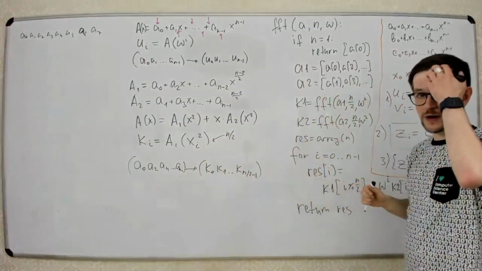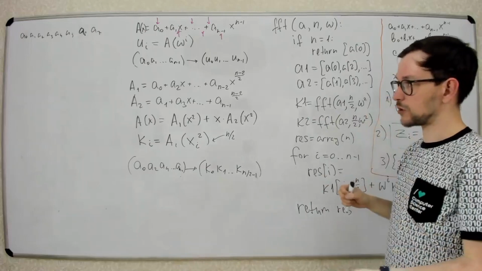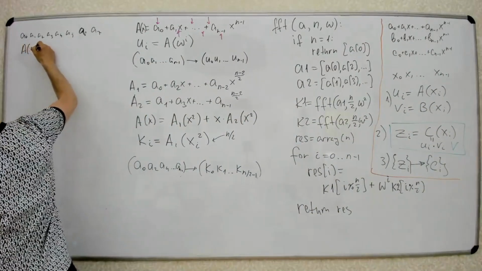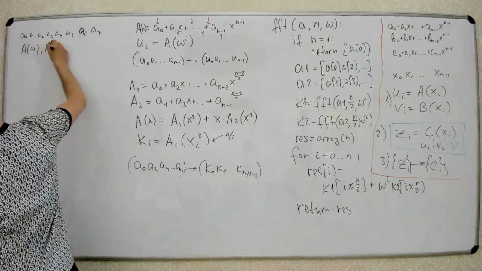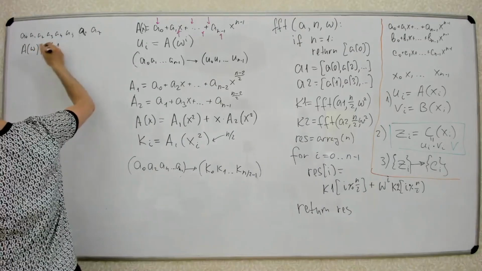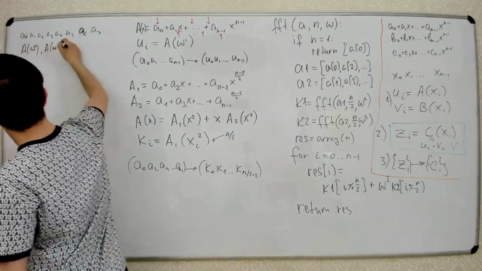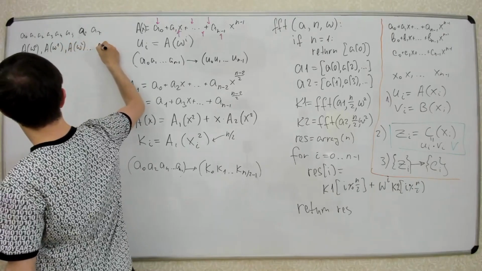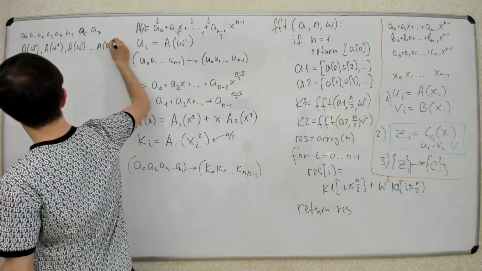I want to calculate the values of this polynomial in some 8 points. So I want to calculate polynomial A in point W power 0, W power 1, power 2, and so on.